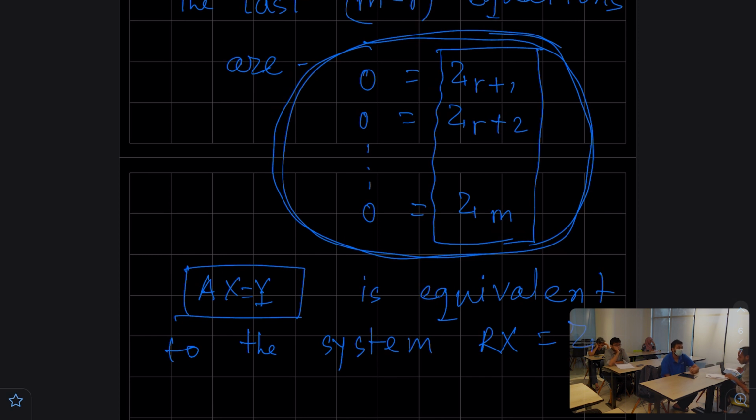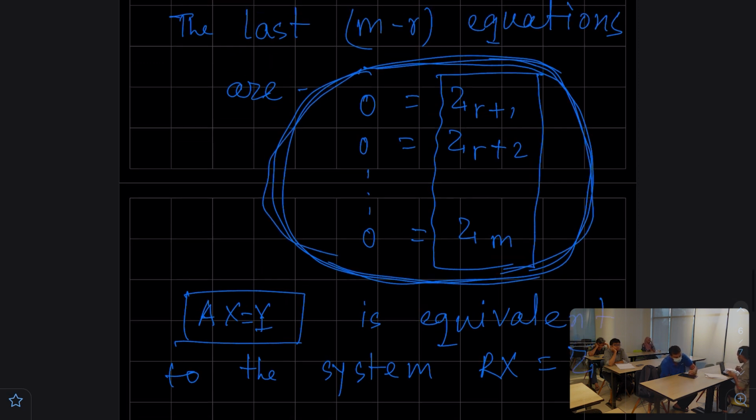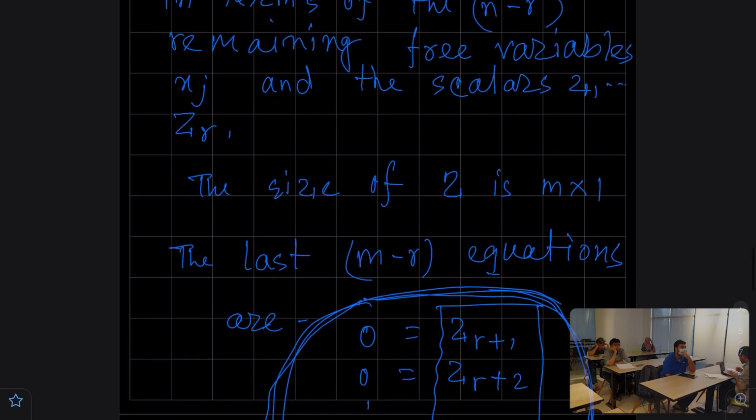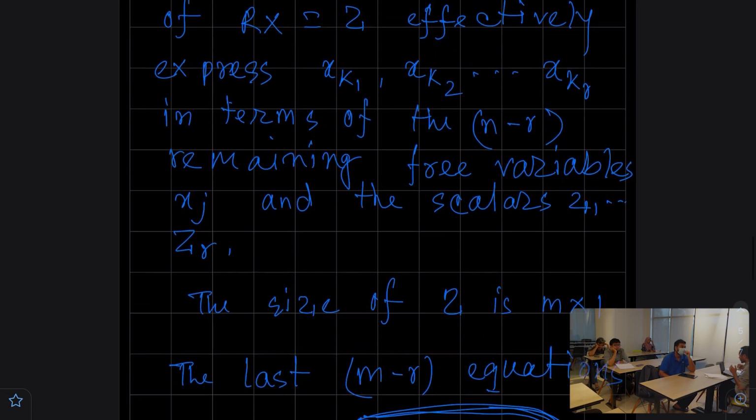So as you can see, for the first r equations, the non-trivial equations, you can express the leading variable in terms of the free variable and the z.